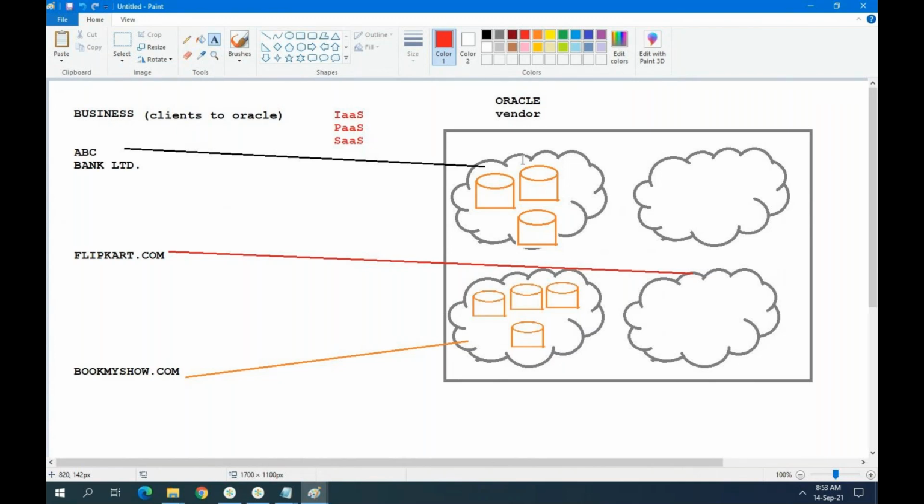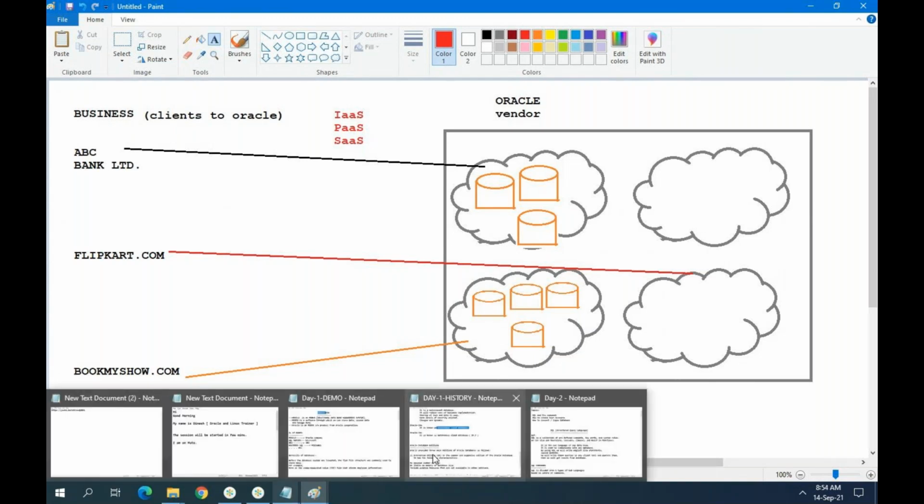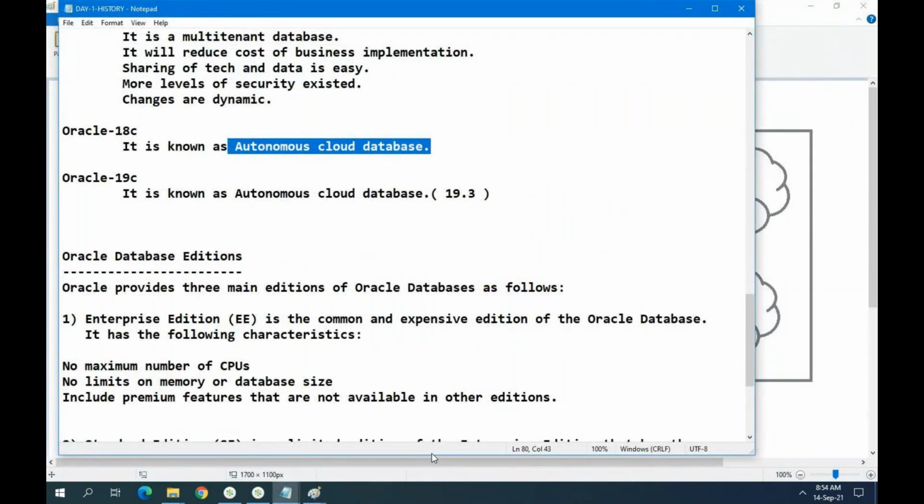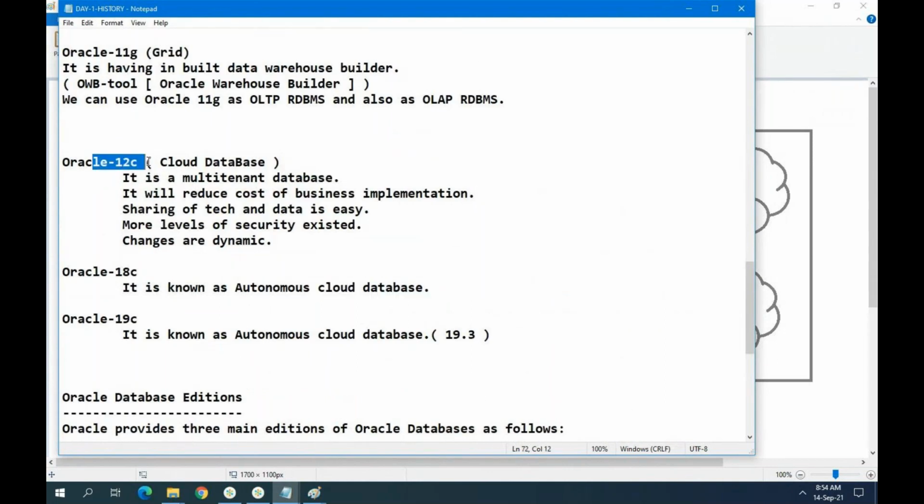Storage is provided by Oracle, maintenance by the client. That is known as autonomous cloud database. In 12c, both storage providing and maintenance are taken care of by Oracle. But in 18c and 19c, storage is provided by the vendor, maintenance by the client only.